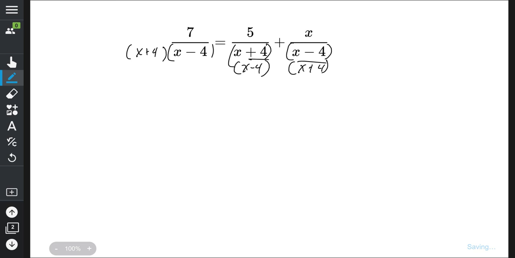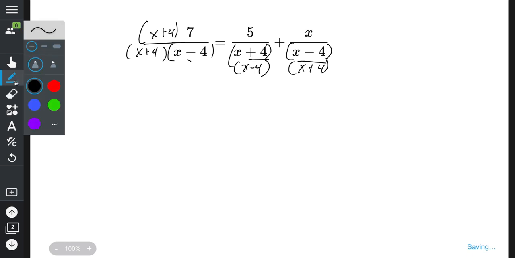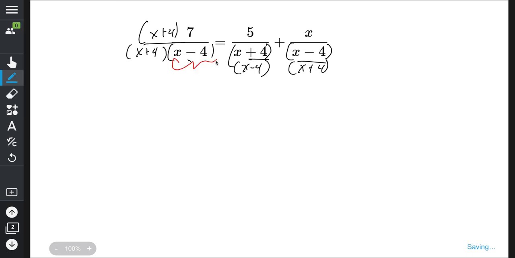But the important thing is that those denominators that each term does not have need to be added up there. So this one needs the x minus 4 because it didn't have that in its own denominator, and this needs x plus 4.